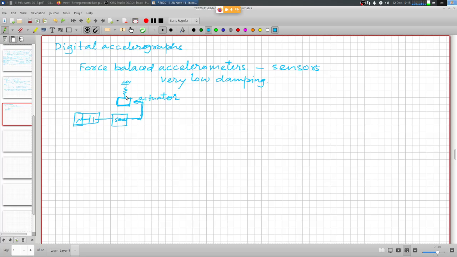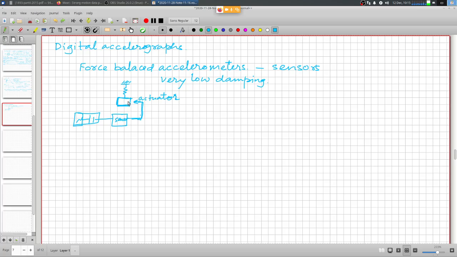Whenever there is a motion, there is a change in the electromagnetic field, and the sensor will pick up that change. This mass is a known quantity, because it is a designed system, so by virtue of knowing the change in the electromagnetic field caused by the motion, we know exactly what force will be required to negate the motion of the mass.